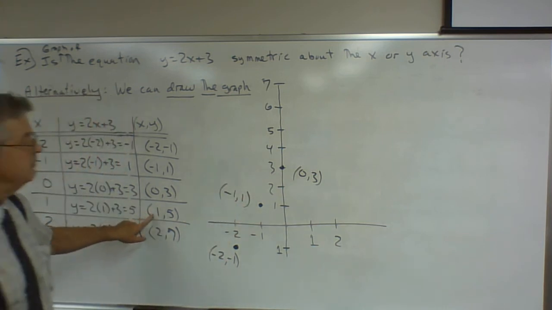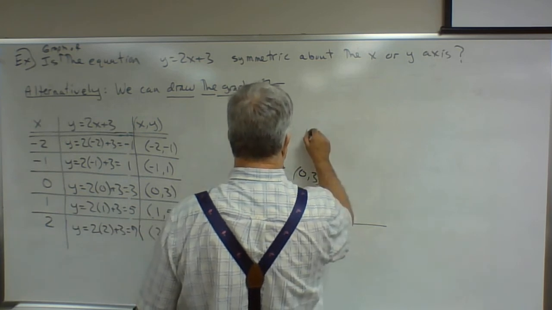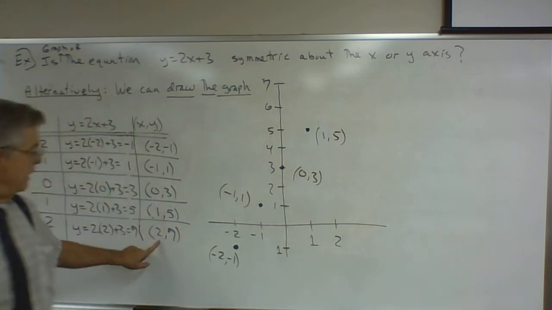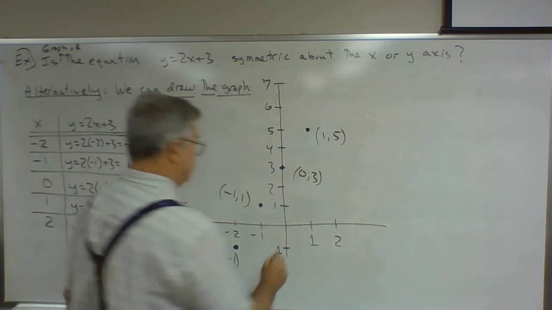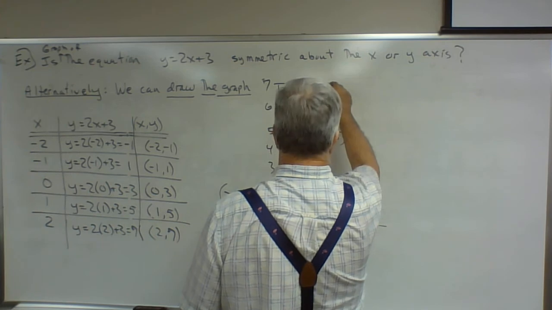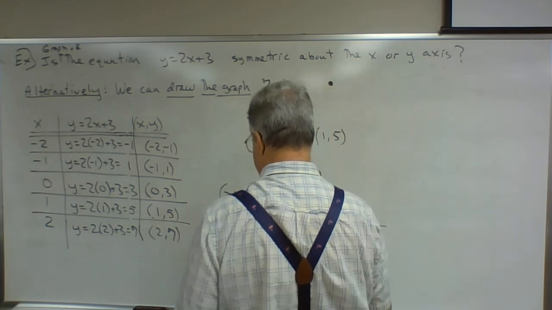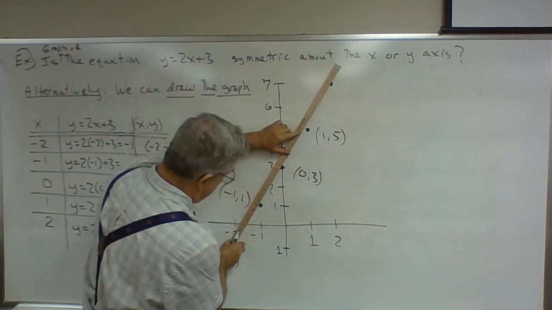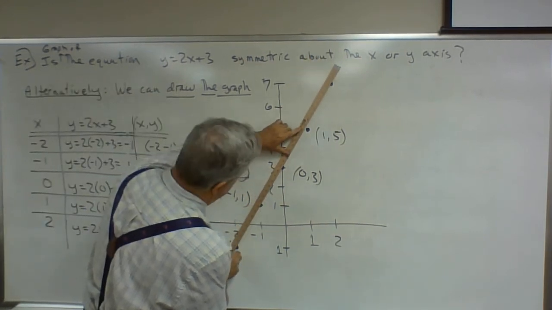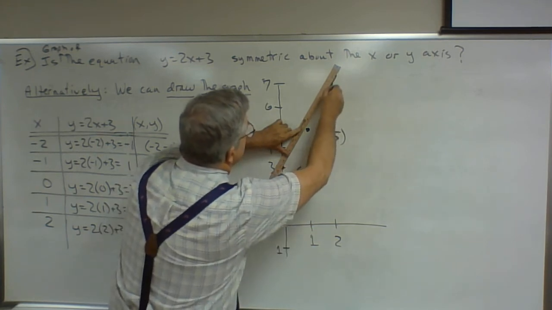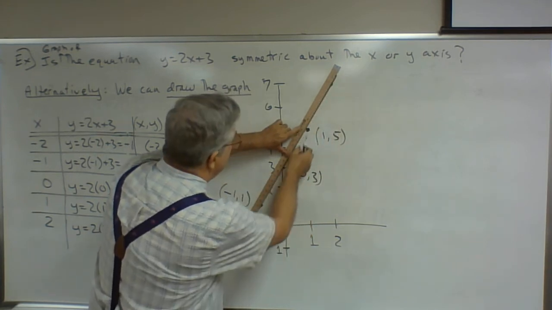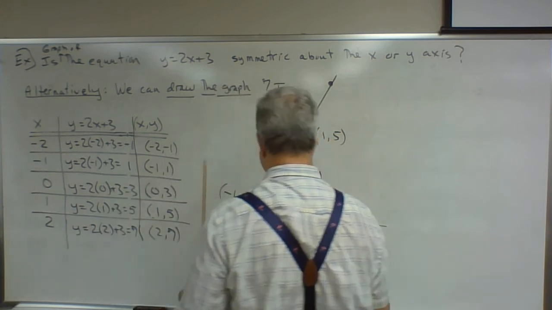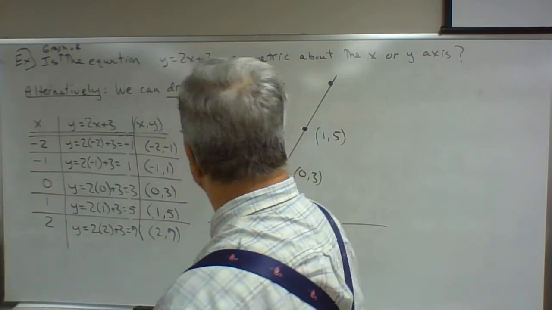X is 1, y is 5. X is 2, y is 7. And let's see. I guess this point was a little bit off. Here's the graph.